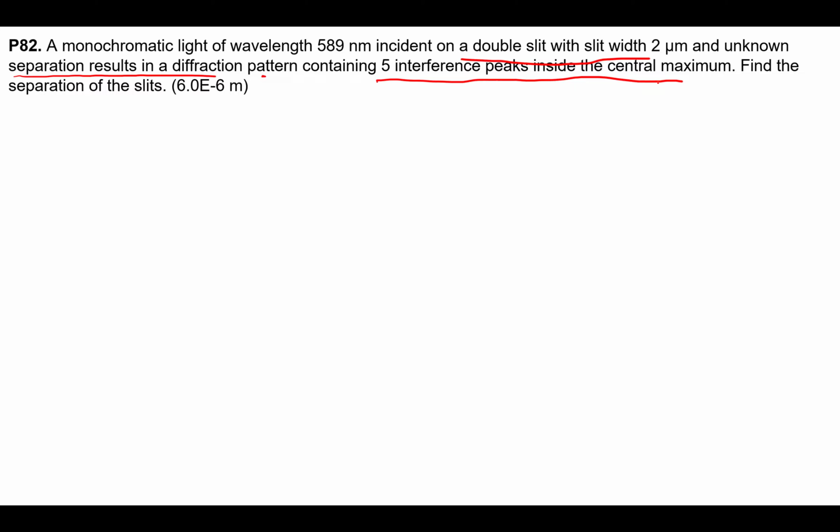Find the separation of the slits. It is a combination of interference and diffraction. The slit width is given, and we need to find d, the separation of these slits.